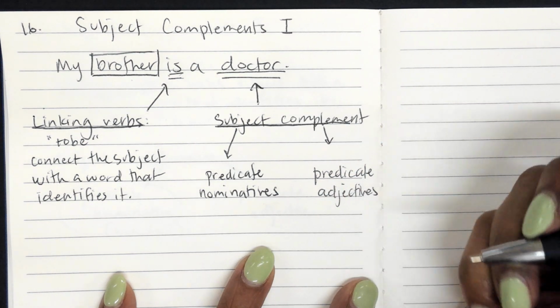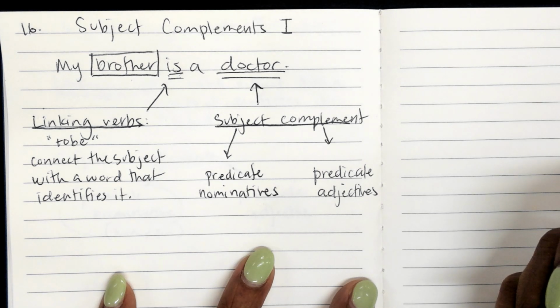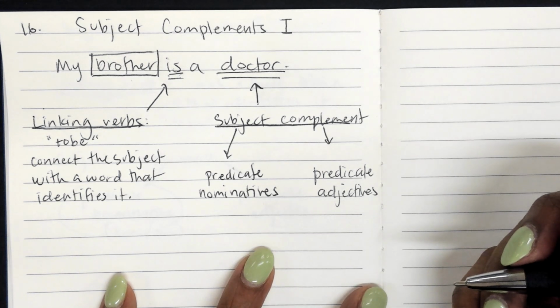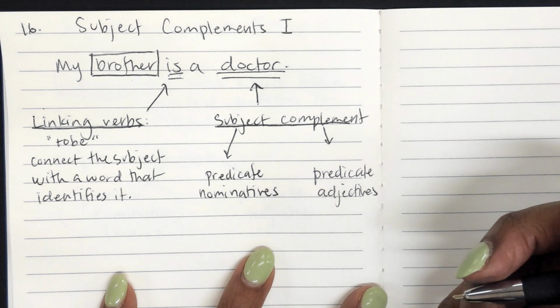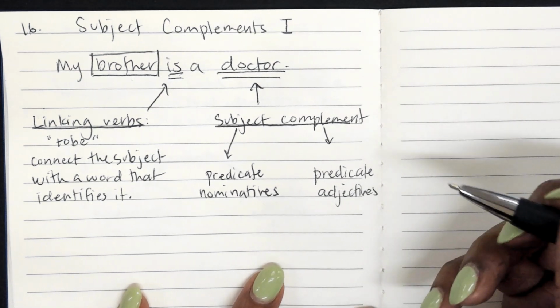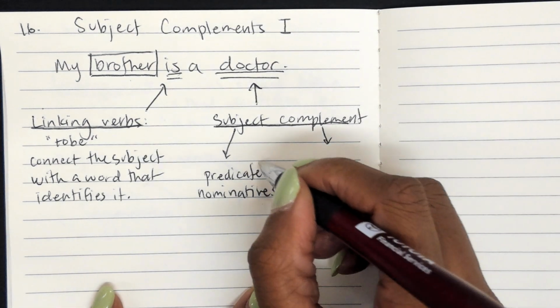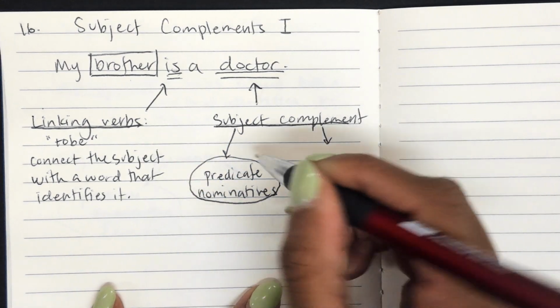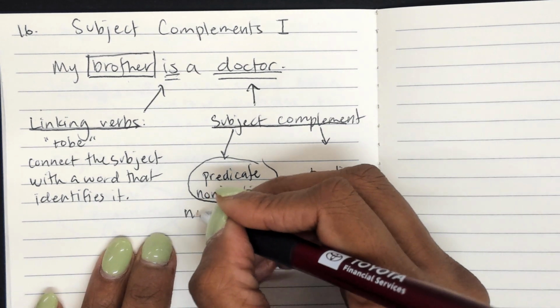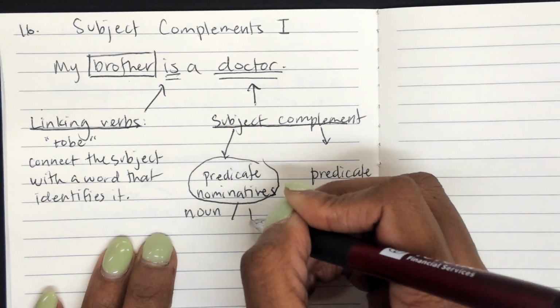Now, these are different, but they're diagrammed the same way. A predicate nominative, which we'll focus on today, is a noun or a pronoun that follows a linking verb and helps identify the subject.